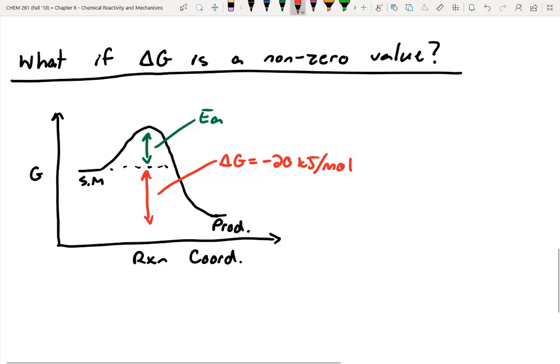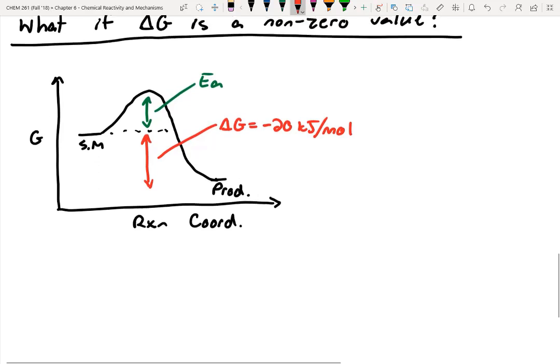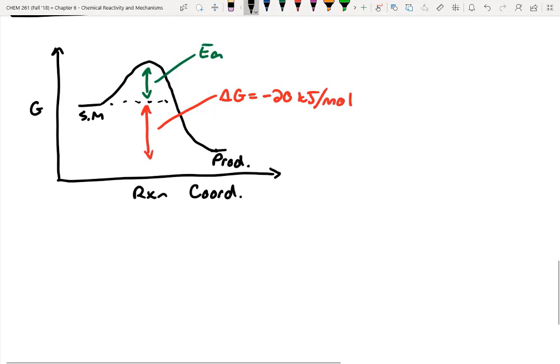What we need to do now is we need to solve for KEQ. But intuitively, do you think the products are going to be favored or the starting material? Products, absolutely. It's going downhill. All right, so now let's solve for KEQ. Let's just make a note. Products should be favored.